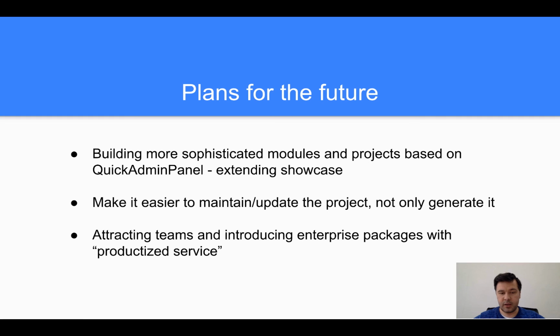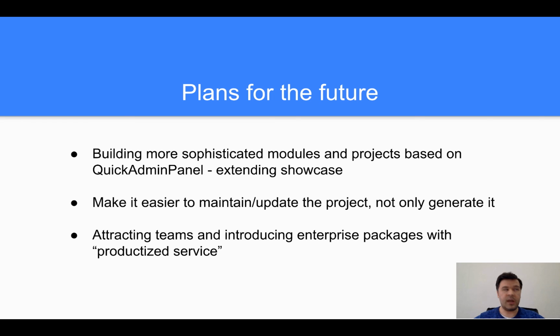Plan number 3 is grow. It's actually related to point number 1, which is to go a little higher up the market. Introduce some enterprise packages like a pre-built full-blown CRM, for example, or some integration with an external CRM, and introduce even teams, like Laravel Spark, for example.